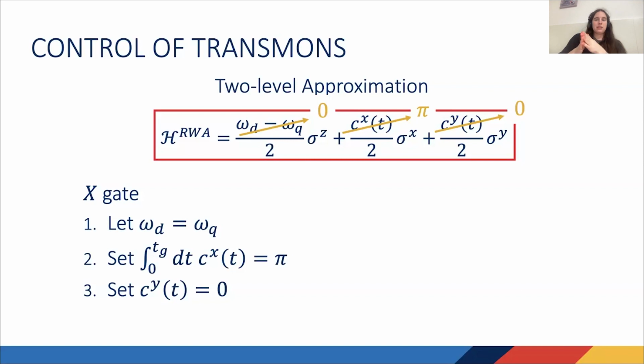And in this talk, I'm specifically focusing on X operations. So I want to drive just the X direction. And I have a control envelope to do that, which I send in on a voltage line. And however much that control integrates to is how far I rotate.